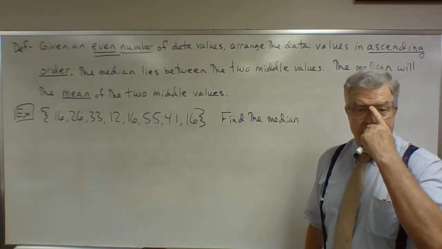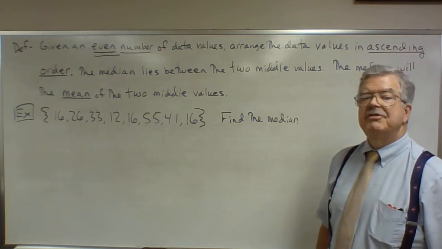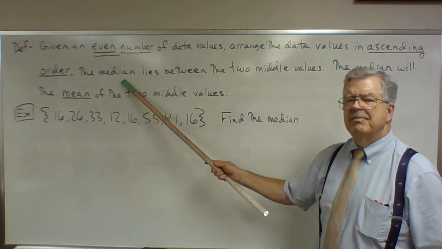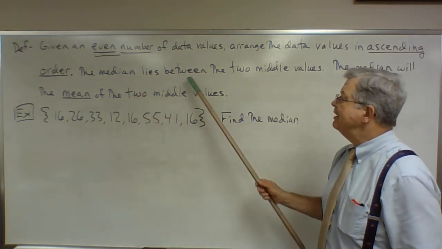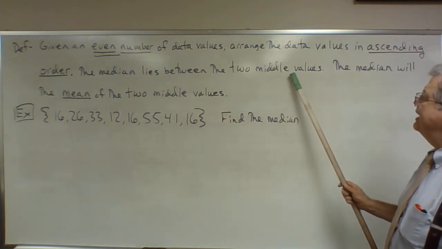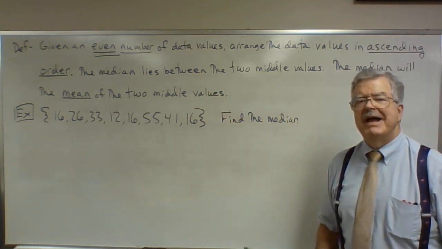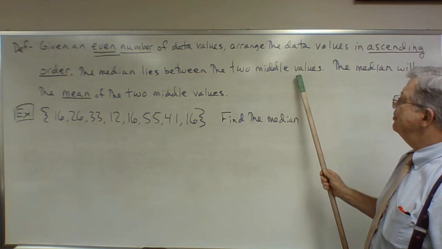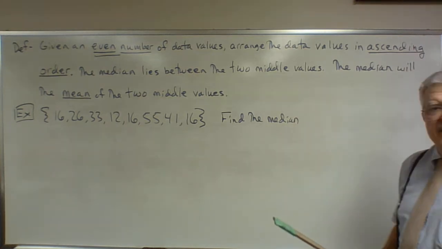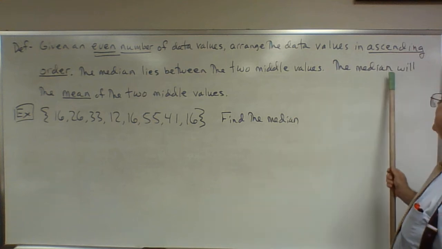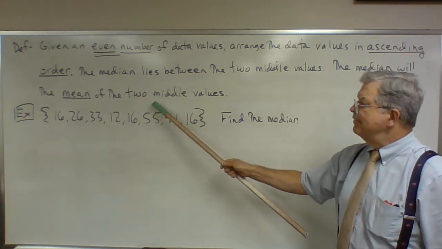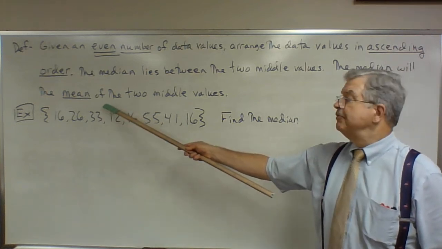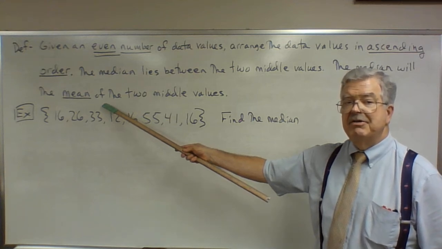In this case, though, the median lies between the 2 middle values. If we have an even number of values, there are going to be 2 of them right in the middle. The median will be the mean of the two middle values. We add those two middle values together and divide by 2. That's what we do.